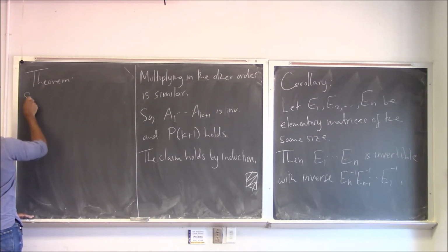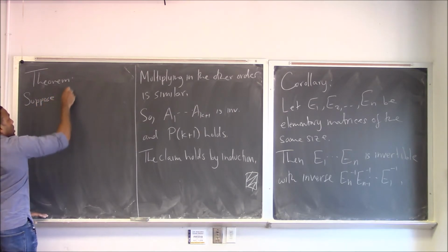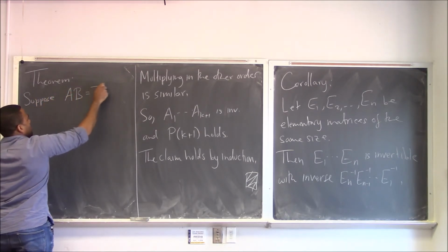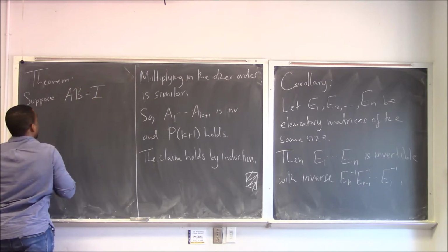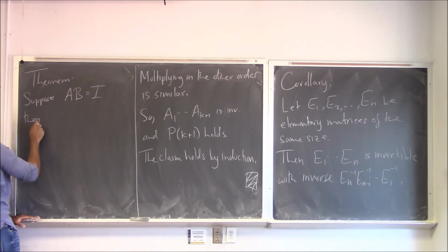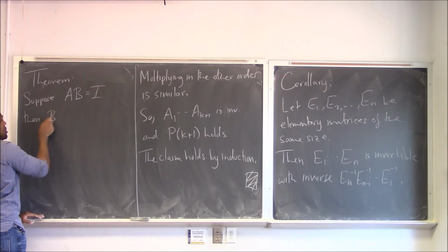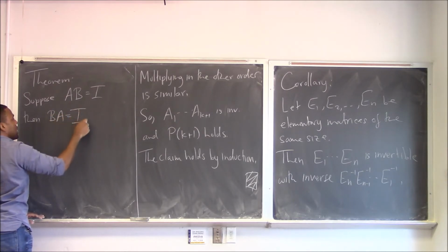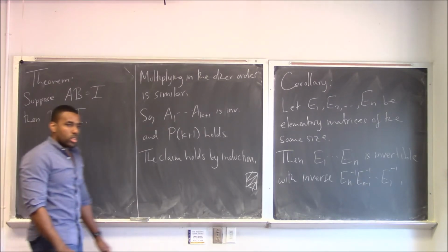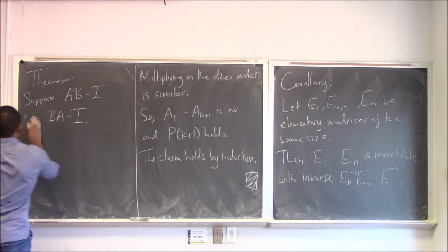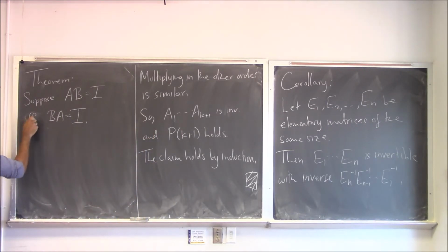Suppose A times B equals I, then it turns out B times A will equal I. So it turns out if you prove one direction, you can do this if and only if. This is true if and only if that is true.